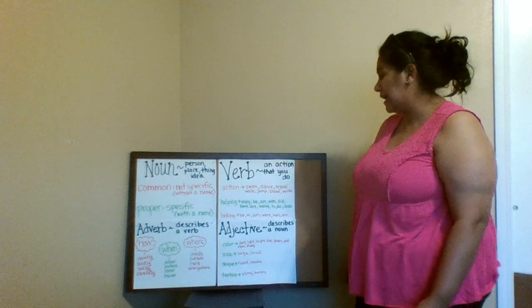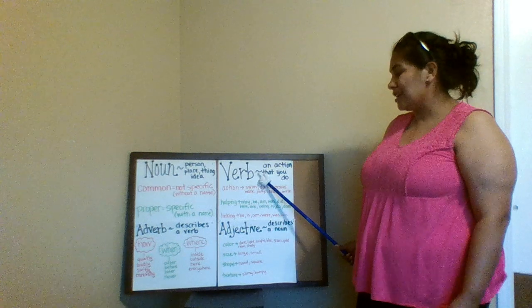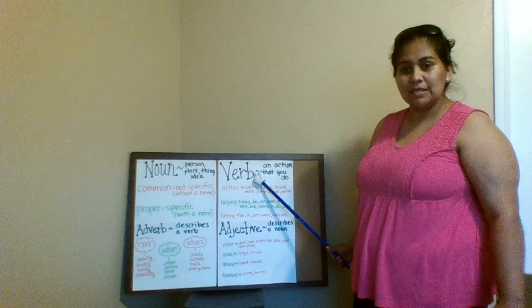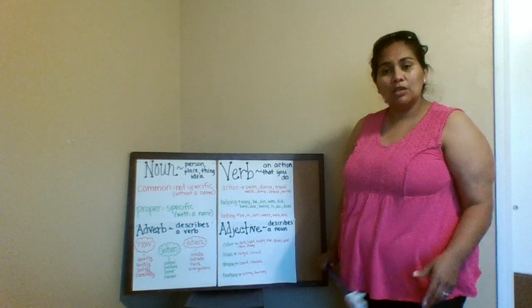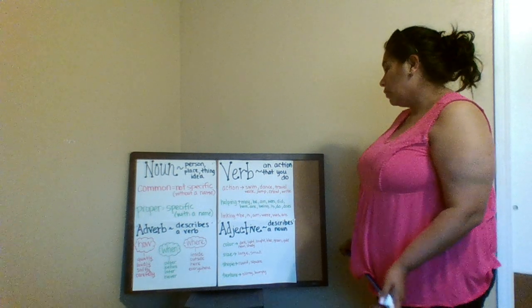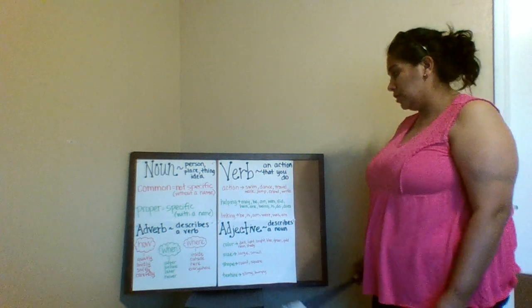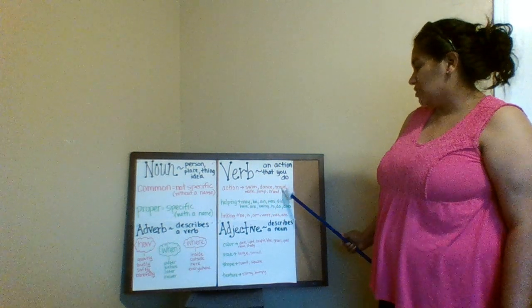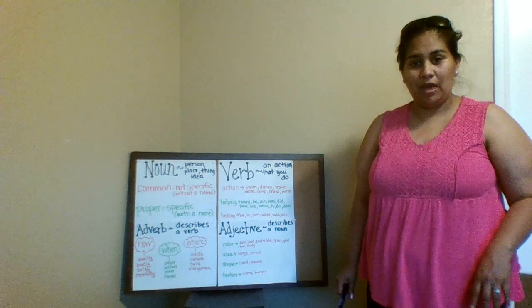The next one is a verb. A verb is an action that you do. That's the basic part of a verb that we learned. And then as we continued through the school year, we learned that a verb can be many things. It can be an action verb, like swim, dance, travel. Those are the ones that we are easily able to identify.